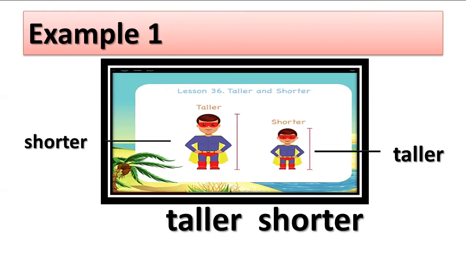Their heights are not equal. The father is taller than the son. So, we can say that the father is taller than the son, or the son is shorter than the father.